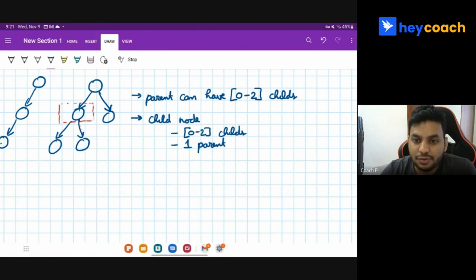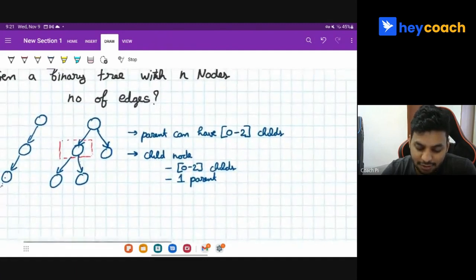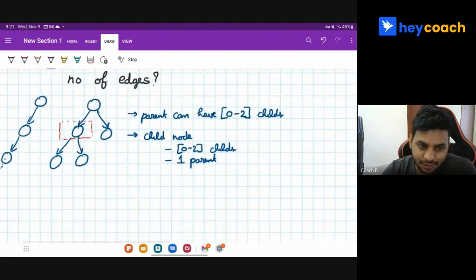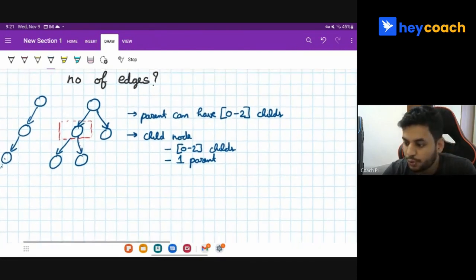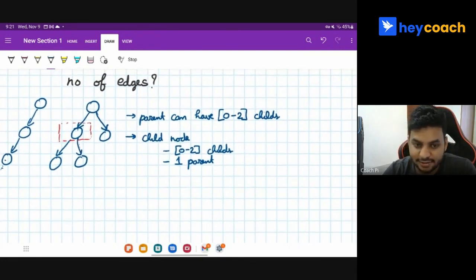Now we need to figure out which relationship will be easy for us to find the number of edges. So let's say 0 to 2 children are there for every parent. So it is like 0, 1, and 2 categories. We need to count for all these three categories. So it is useful, but let's keep it aside.